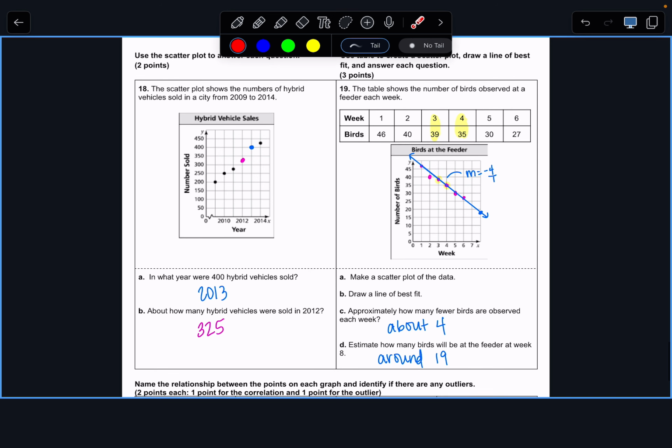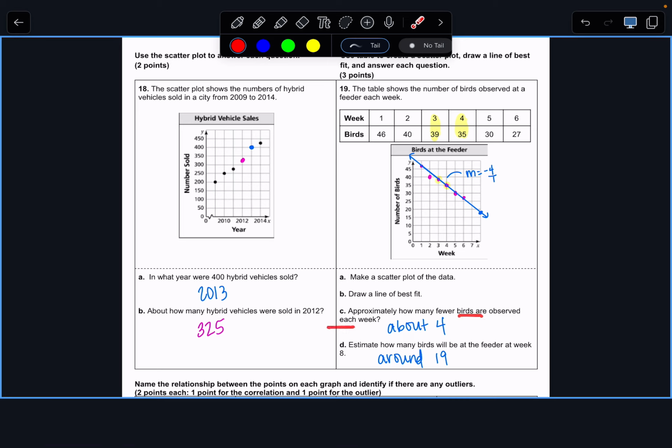Now, in number 19, I'm looking for you to, number 1, plot me the points. Number 2, I would suggest using a ruler. Plot your line, okay? When I'm asking you how many fewer birds are observed each week, I'm asking you for the slope, okay?